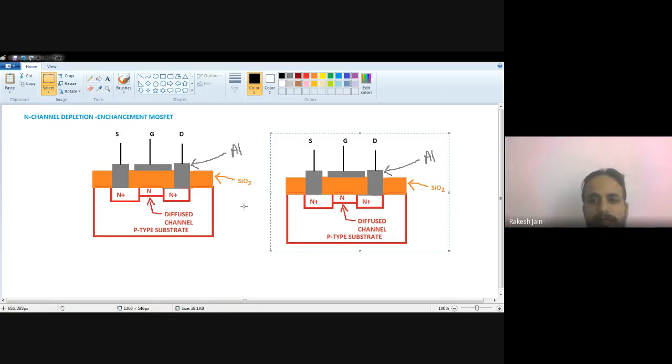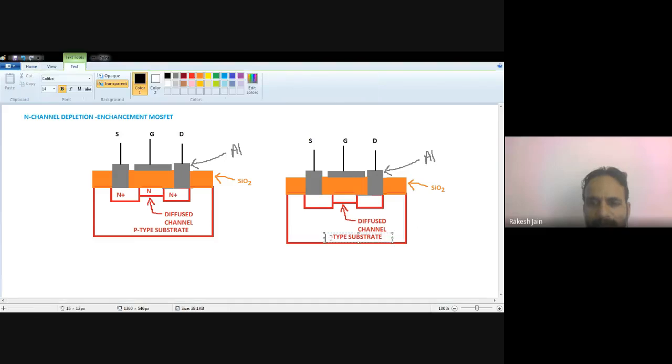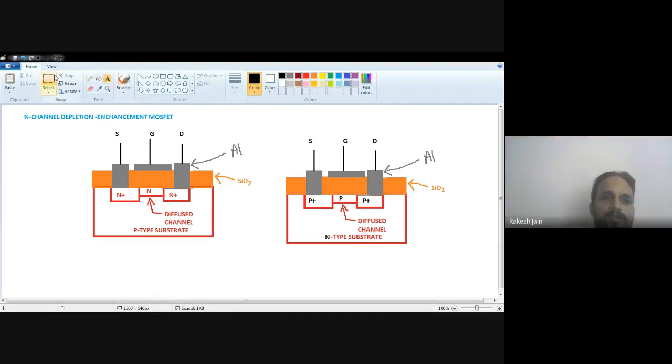Okay, so now in this construction, instead of these two heavily doped N regions and the P-type substrate, if I use an N-type substrate, instead of this P-type substrate, I will mark the changes I am going to make in black color. And on an N-type substrate, if heavily doped P regions, denoted by P plus, are diffused, and a diffused channel is created that is also of the same material P, then this is known as a P-channel depletion enhancement MOSFET.